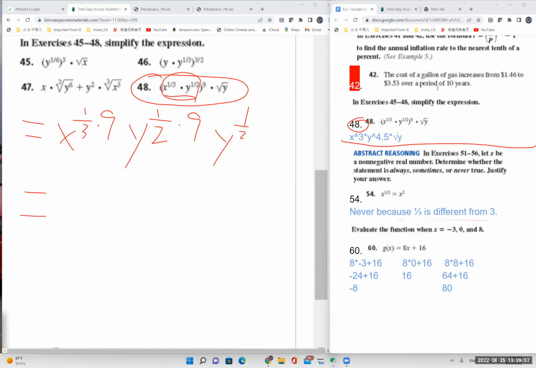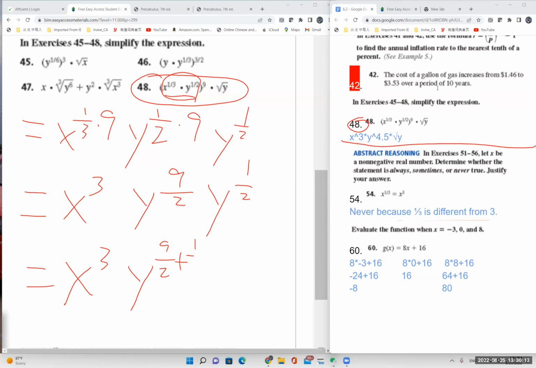So 1/3 multiplied by 9, you get 3. Here you get y to the 9/2, plus half. Then finally we get x cubed y to the fifth power. That's the final answer.